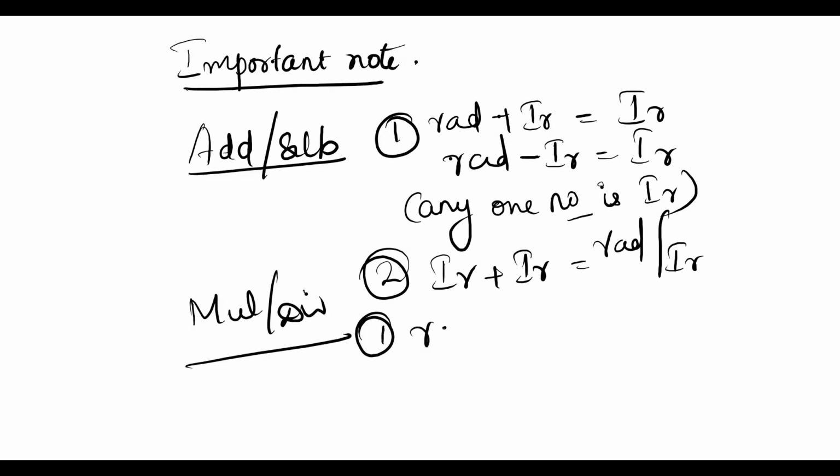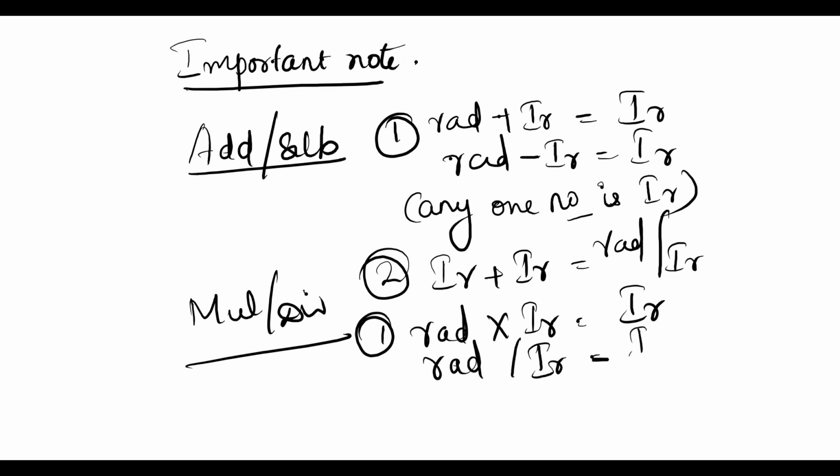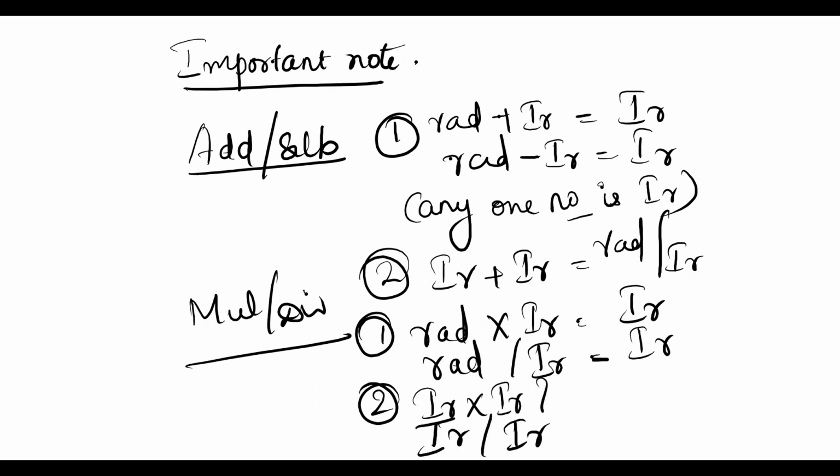Coming to multiplication and division, if any one of the numbers is irrational, the result is irrational. If you multiply or divide any two irrational numbers, the result is rational.